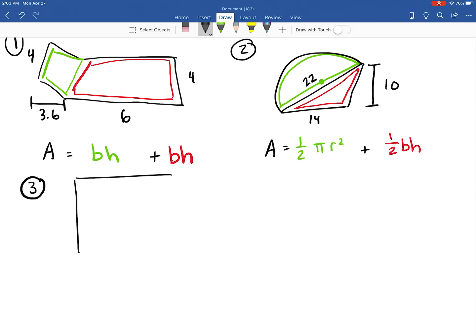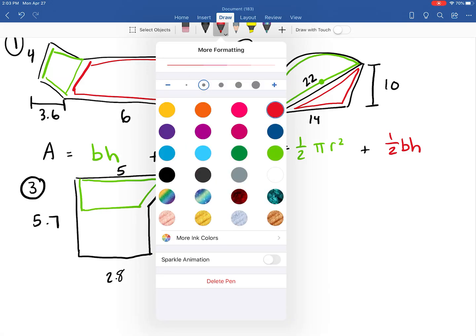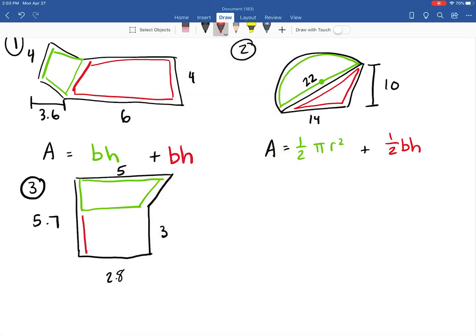Number 3 looks something like this. In this picture, I see a trapezoid on top, and I see a rectangle on bottom. You may see 2 rectangles and a triangle, that's okay as well.